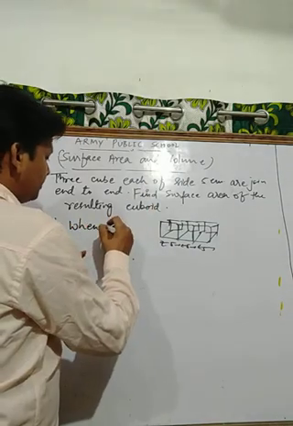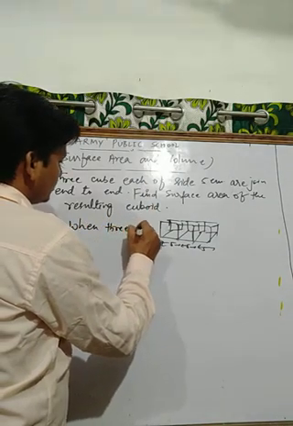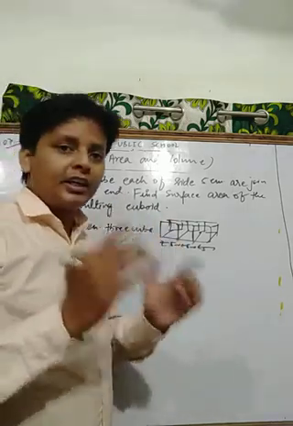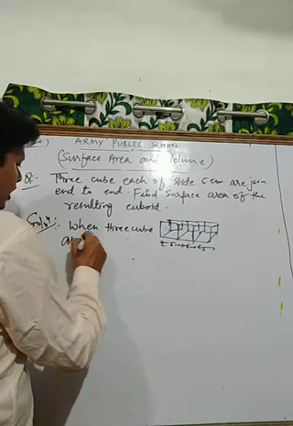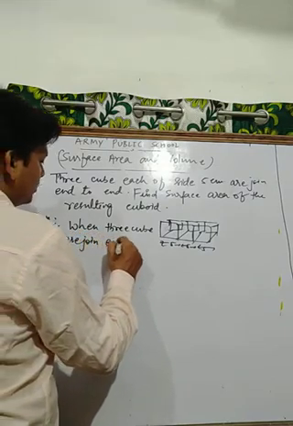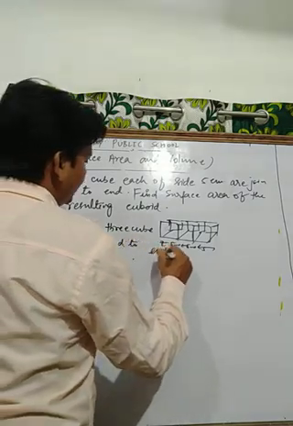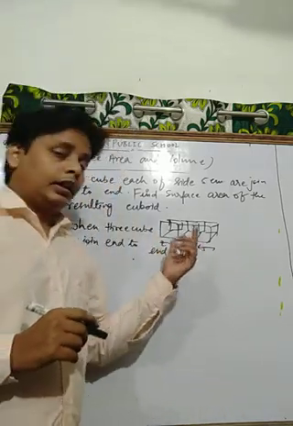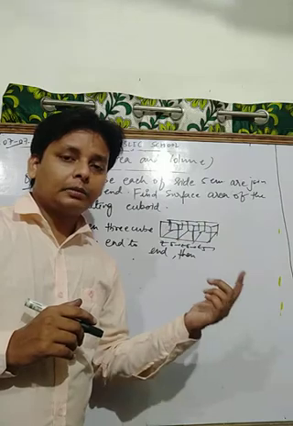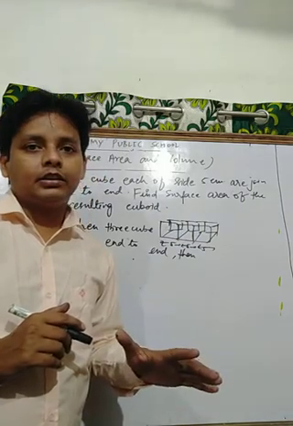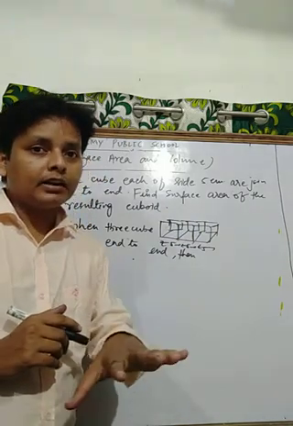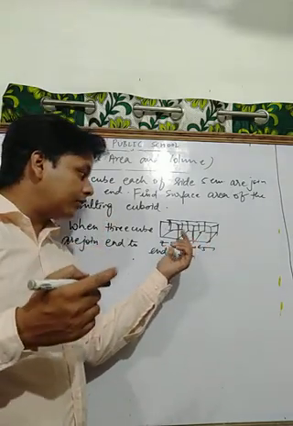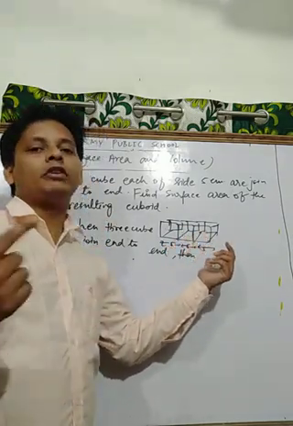When three cubes are joined end to end, the breadth and the height will be the same, but the length is increased, that is 5 plus 5 plus 5, that is 15 centimeter.